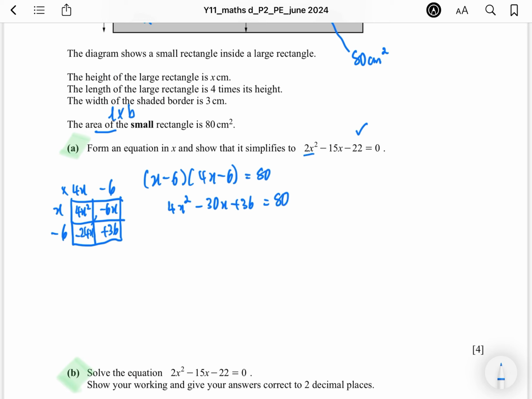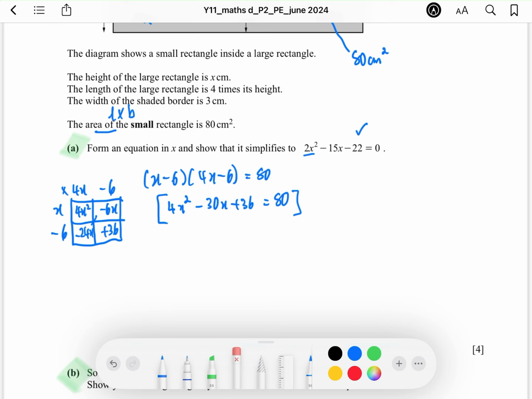If you look here, the coefficient of x squared is 4. So that means what we can do is we divide it by 2. Hold on. Before we do that, we need to make sure that the other side is equal to 0. So we need to further simplify this.